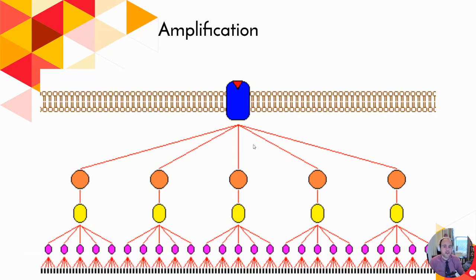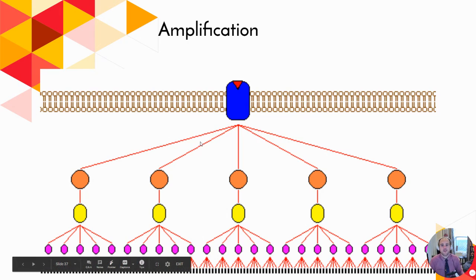And this transduction frequently has something called amplification. So when our ligand binds to our receptor, it's not receptor, one protein, then response. That reception protein may activate 5 different proteins or second messengers, and each one of those may activate a subsequent 5 second messengers, and each one of those may activate a second 5.